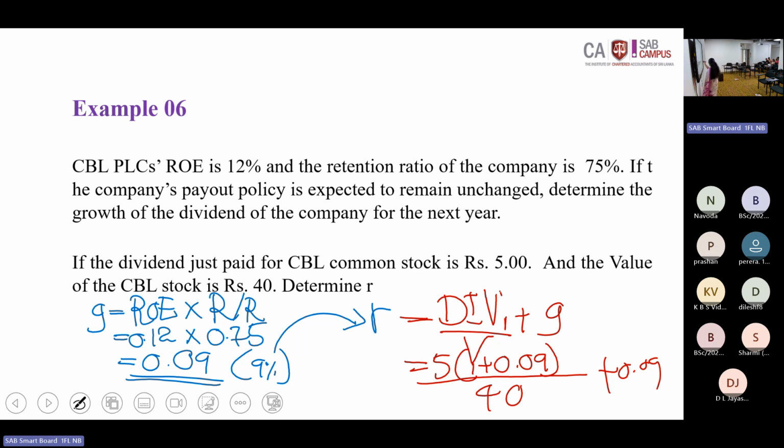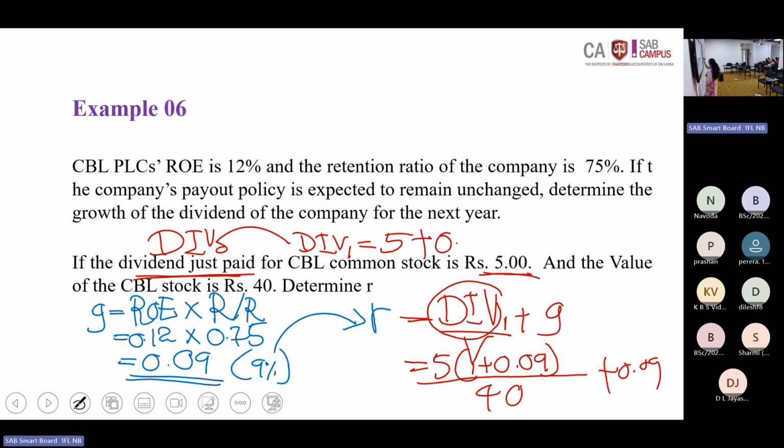Why? This is the just paid dividend. You have been given the just paid dividend, DIV0. What do you need? You need DIV1. How can you calculate DIV1? Just paid dividend, and dividends are now growing at the rate of 1 plus growth rate to the power n.